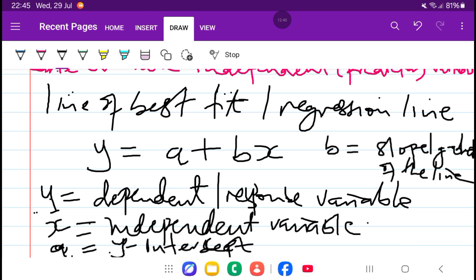So a line of best fit will be the one that gives us what we call the regression line, as I said.